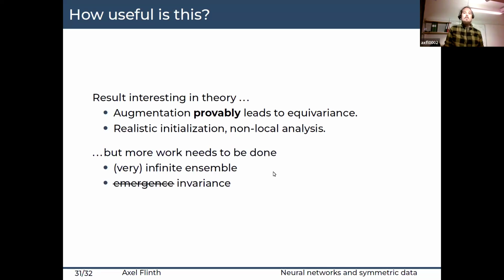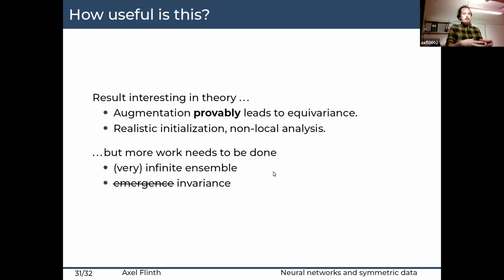On the other hand, more work needs to be done to really get to the core of this. For instance, we are always assuming that we have an infinite ensemble here. So we could try to prove some bound on how many ensemble members we need to get this equivariance. In practice, this really seems to give something, but more theoretical work needs to be done. And what is also a bit sad here is that we are again proving some kind of invariance result.